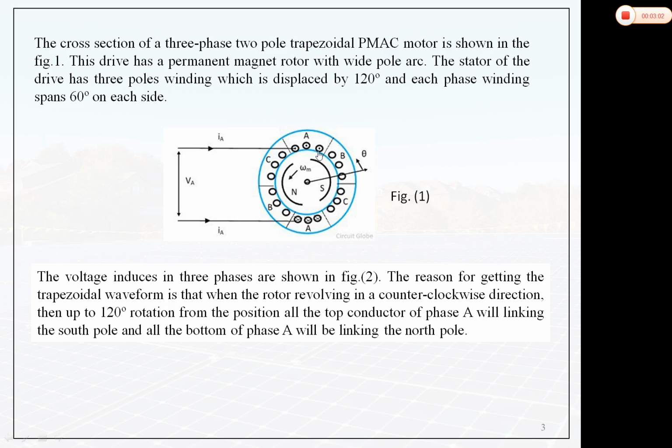Whenever they change, there will be a changing angle. For a 120-degree angle there will be one polarity of voltage. Then over the next 60 degrees there will be a change in induced voltage. Then for another 120 degrees you will find the other polarity of voltage, and then again over the next 60 degrees there will be a change in polarity. In this way they will induce a trapezoidal waveform in the conductor.